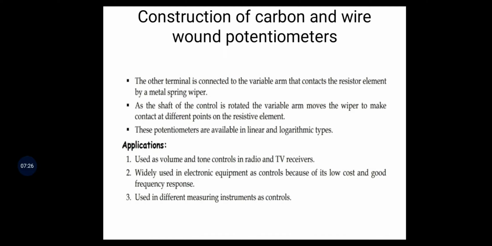These are also used in different measuring instruments as controls. So what are the applications of carbon potentiometers? Used as volume and tone controls in radio and TV receivers.